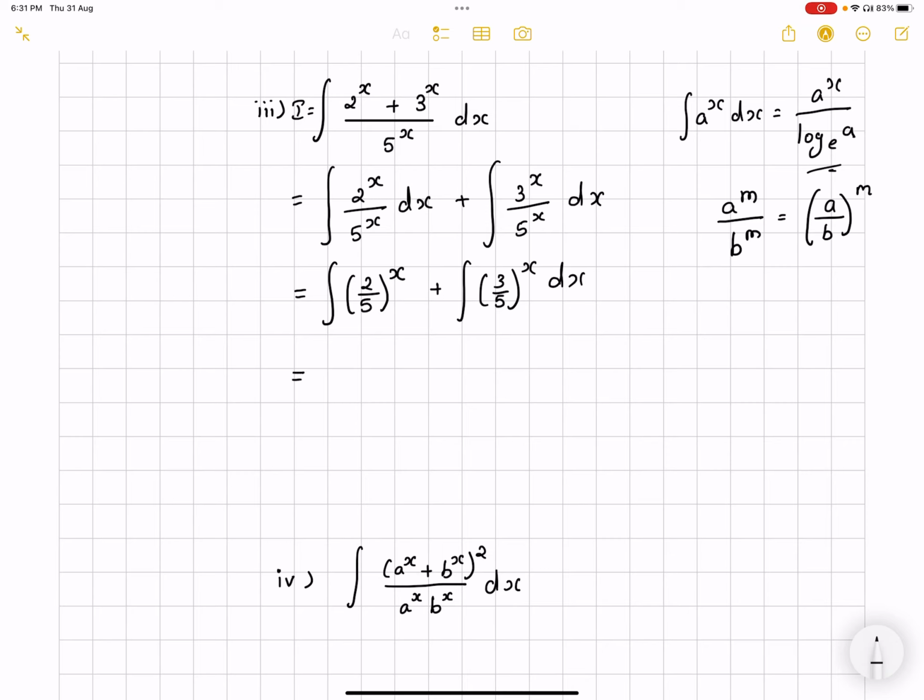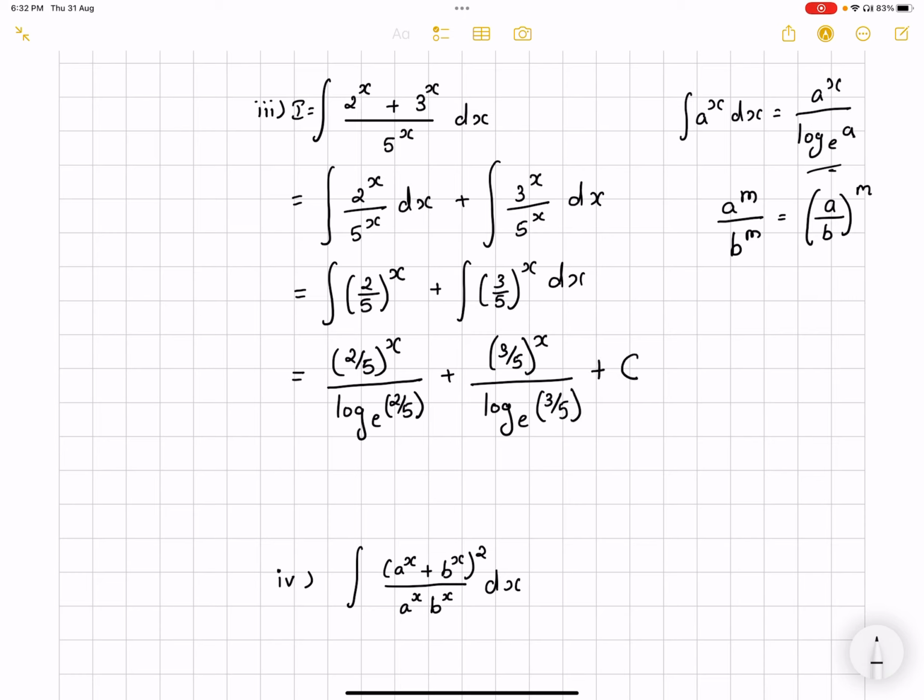So here I would be having 2 by 5 whole to the power x divided by log base e of 2 by 5, and then plus 3 by 5 whole to the power x divided by log base e of 3 by 5, and then plus c.